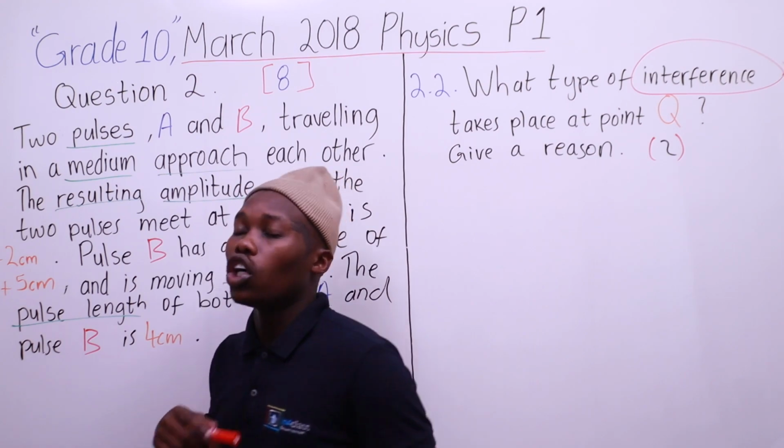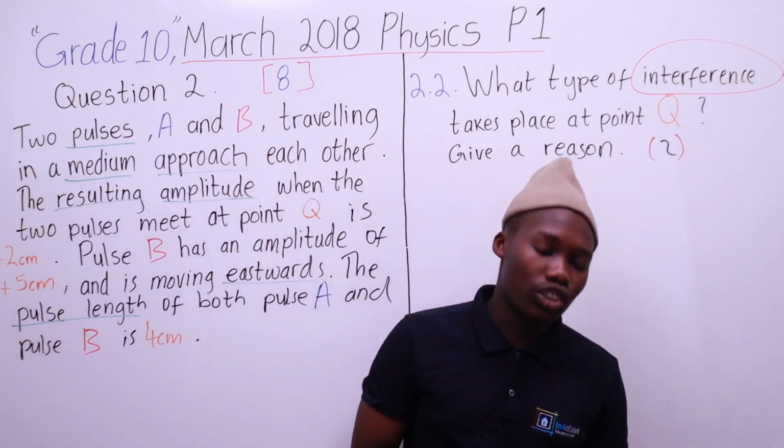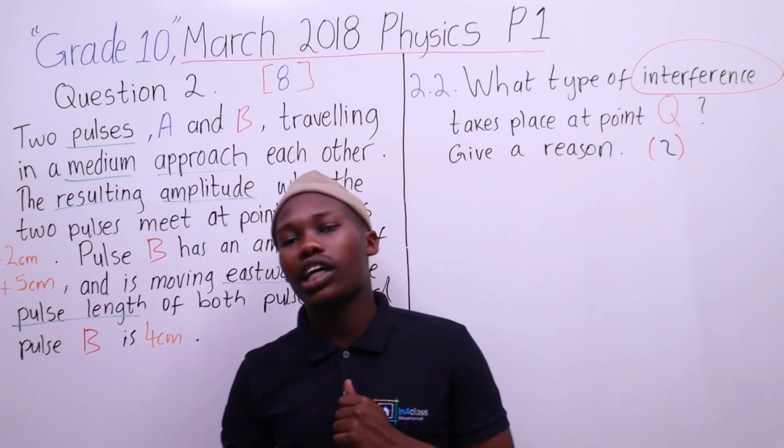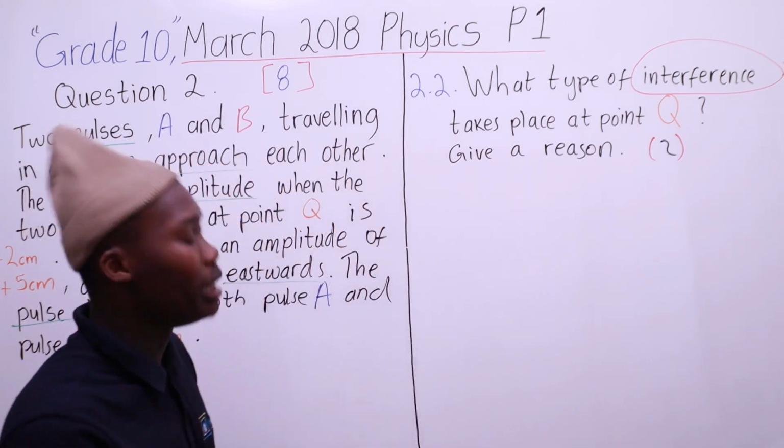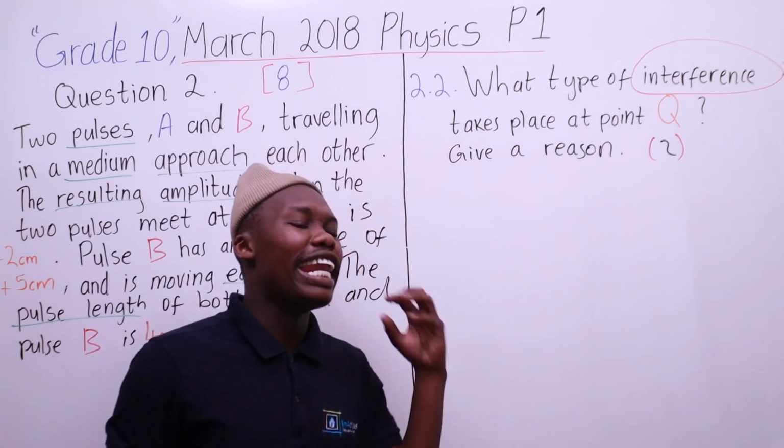We have 2 types of interference, which is constructive interference and destructive interference. Let's describe the two. Constructive interference is when 2 pulses meet, resulting in a larger pulse.